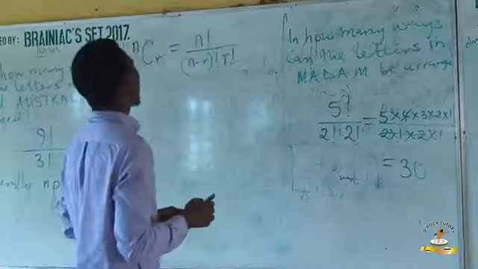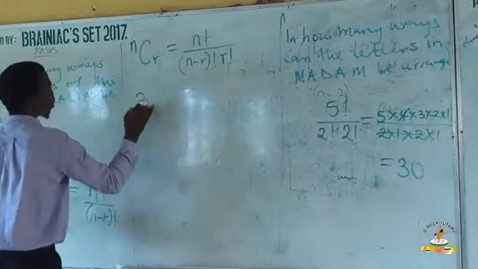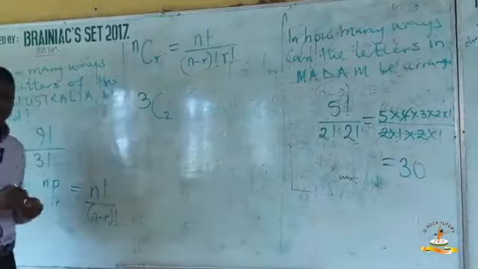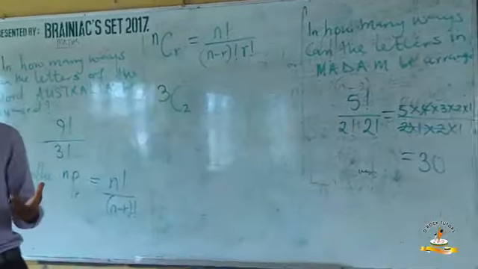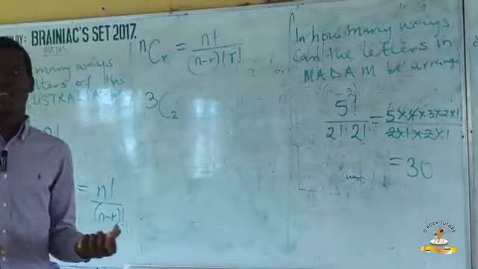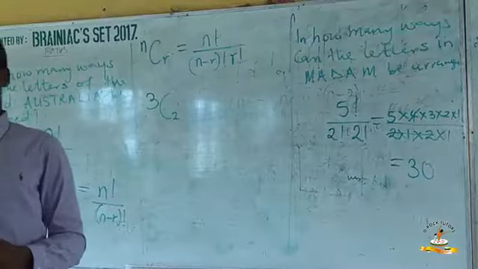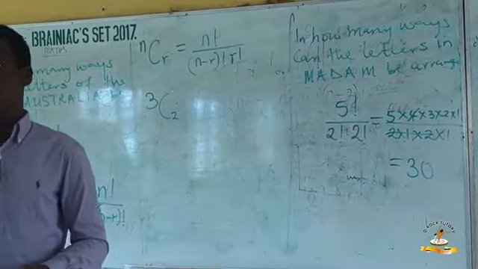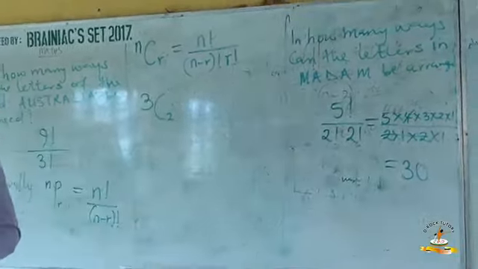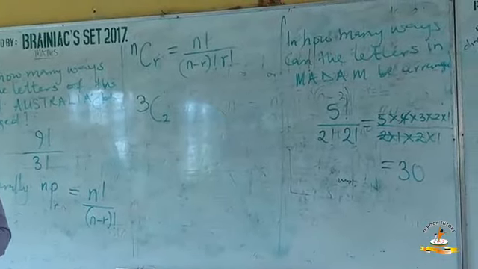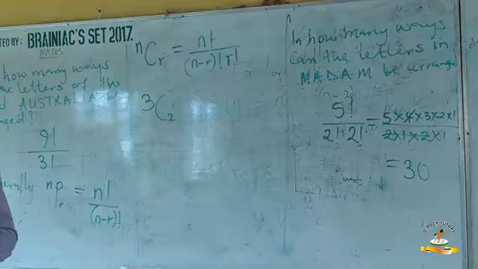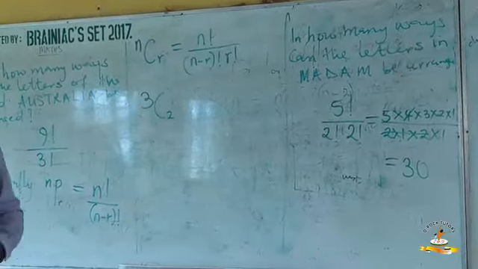So for instance, let's ask ourselves 3 combination 2. 3 combination 2 can be rewritten in words like this. I have 3 things, and I want to select them 2 at a time. So in how many ways can I pick randomly 2 at a time? So that's just it.